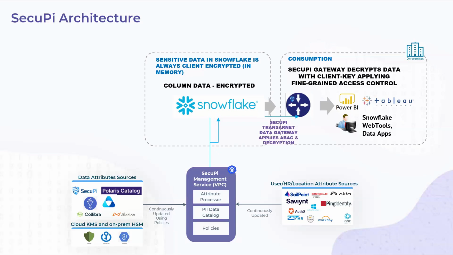In order to see that type of data for VIP customers, you need to be either a senior customer representative or go through an additional certification. Once we have those policies, we can then apply those on encrypted data. So we can encrypt the data in Iceberg, for example, and then make sure that only the authorized users will be able to see that data.